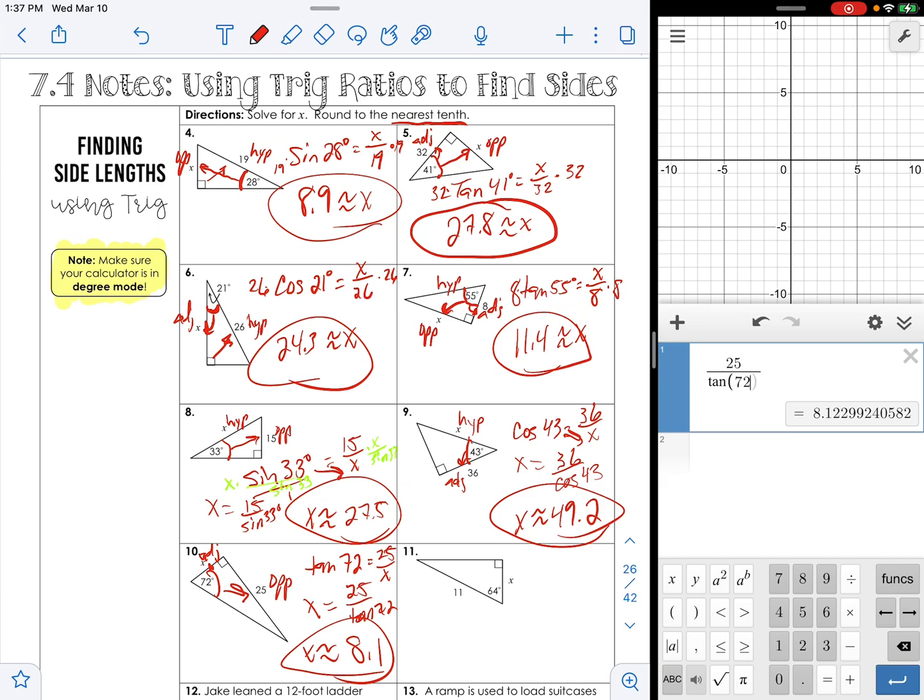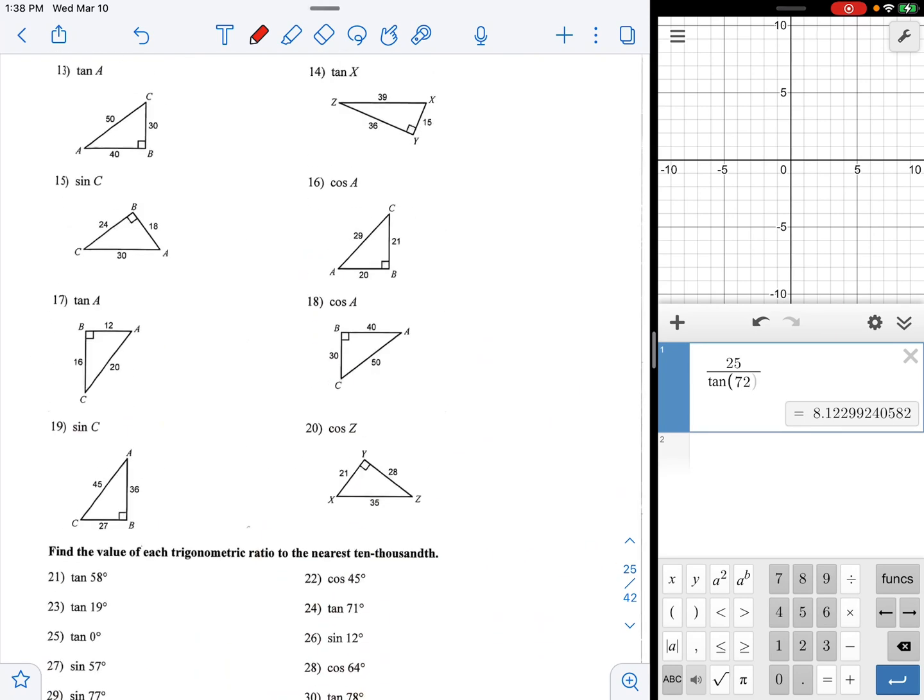Now the next one. 64 is the one we got next to, and this one is the hypotenuse. So next to is adjacent. So that's cosine of 64 equals the adjacent x over the hypotenuse, 11.